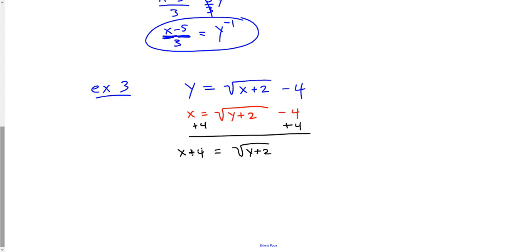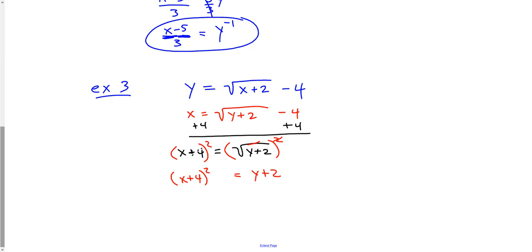So now we want to get the radical to disappear. The opposite of a radical is raising it to the second power. So we do that to both sides, so the radical and the square disappear. So you have y plus 2 equals x plus 4 squared. Now x plus 4 squared means x plus 4 times x plus 4, but we actually don't have to simplify that.